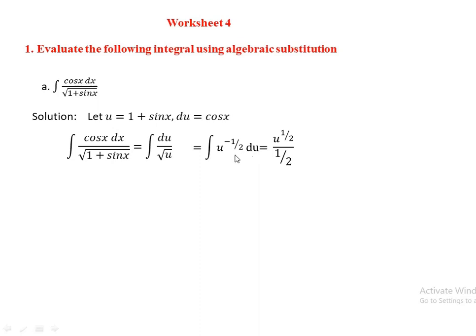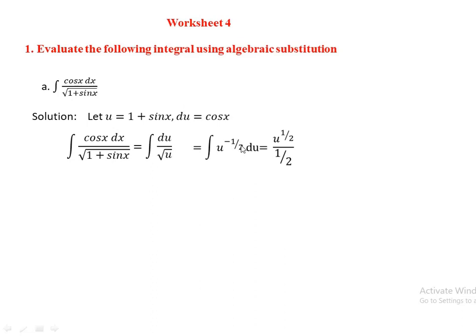Again, by using the power rule for integration, the integral of x to the power of n dx is x to the power of n plus 1 over n plus 1, where n is different from minus 1. So the integral of u to the power of minus 1 over 2 du becomes u to the power of minus 1 over 2 plus 1, over minus 1 over 2 plus 1.